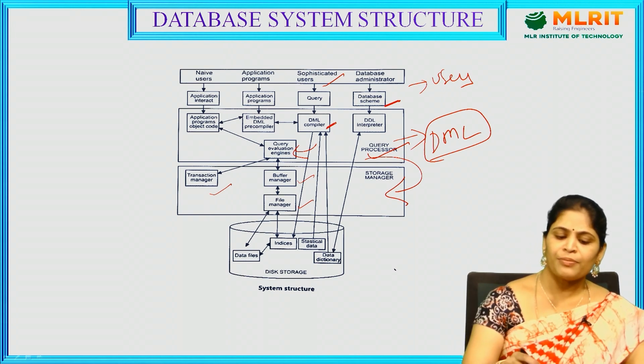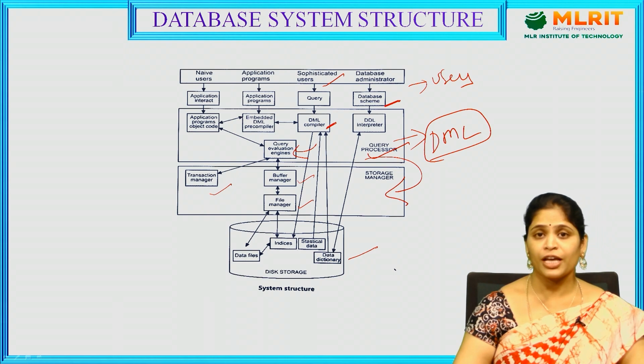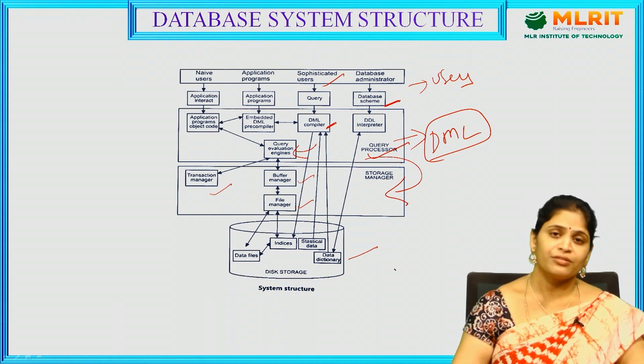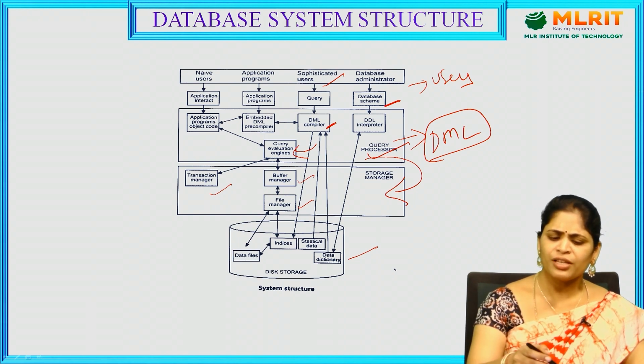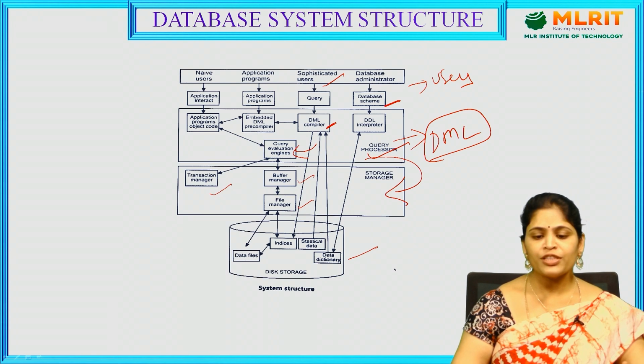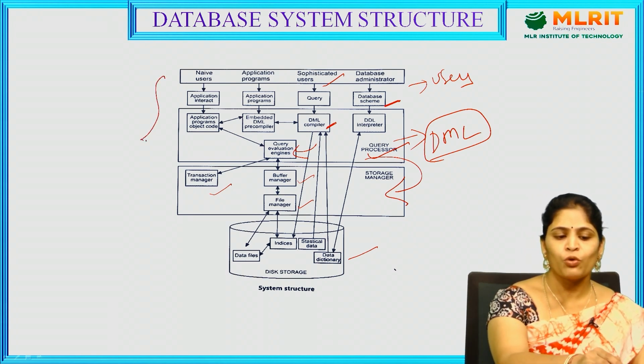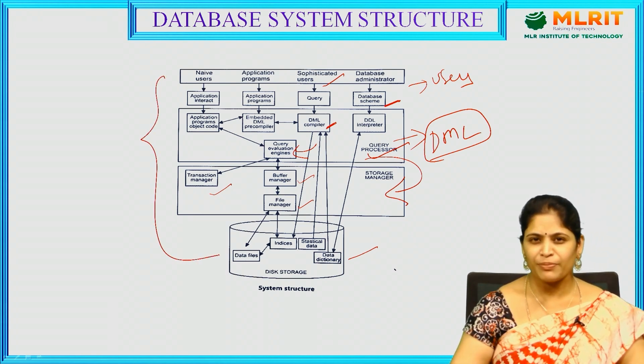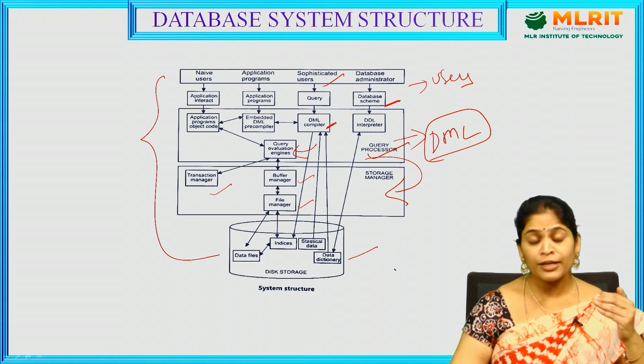Next, coming to the disk storage, we have different types of data files, indices, statistical data, data dictionary, and metadata. So the disk contains these different elements. In this manner, we represent the overall structure of DBMS. The first level includes the different types of users.